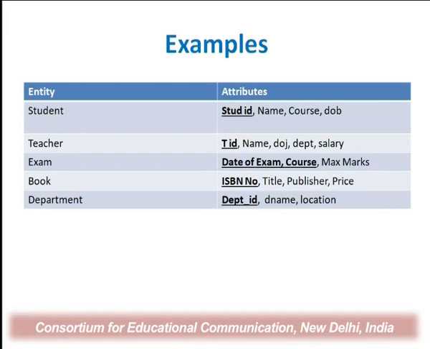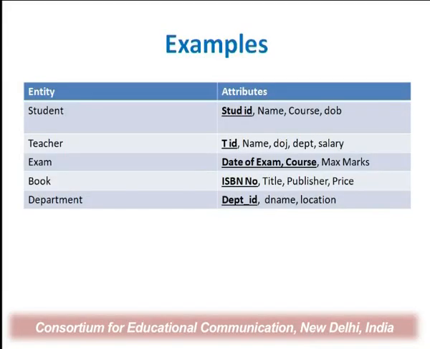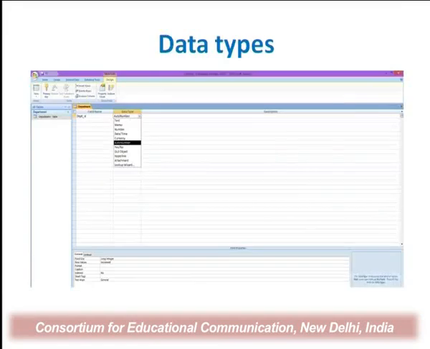For example, if you have a table which has data about 1000 students, how do you identify each record uniquely? For that you need the student ID attribute. This column will have a unique value. So this is an identifying attribute, sometimes also known as the key attribute.